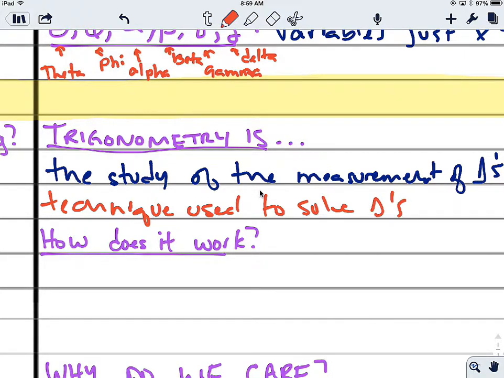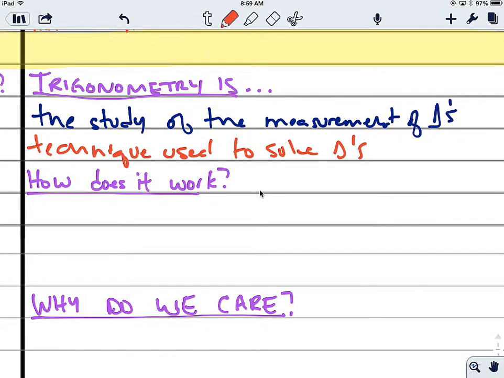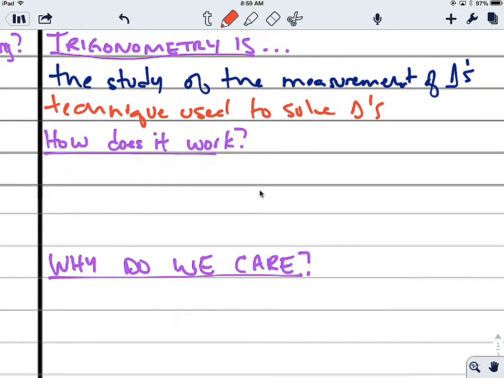Trigonometry is specifically this technique we use to find a missing length or a missing angle of a triangle, given the right information to start. The official translation, I should say, is to study the measurement of triangles.